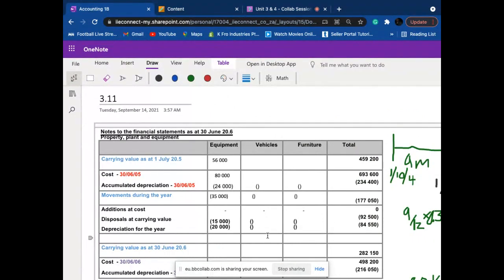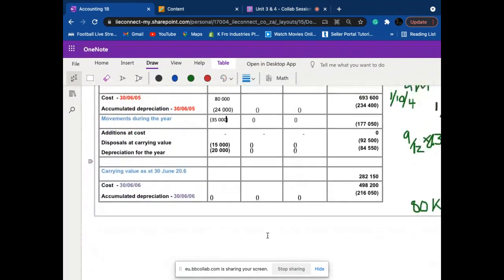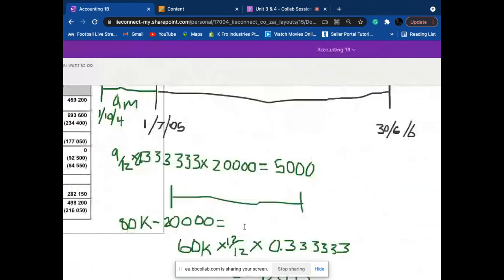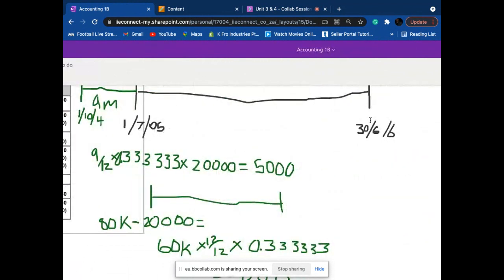Then we come down to this final section. Can you see? We just focused on equipment. Okay, what now is the accumulated depreciation at the end of this financial year?